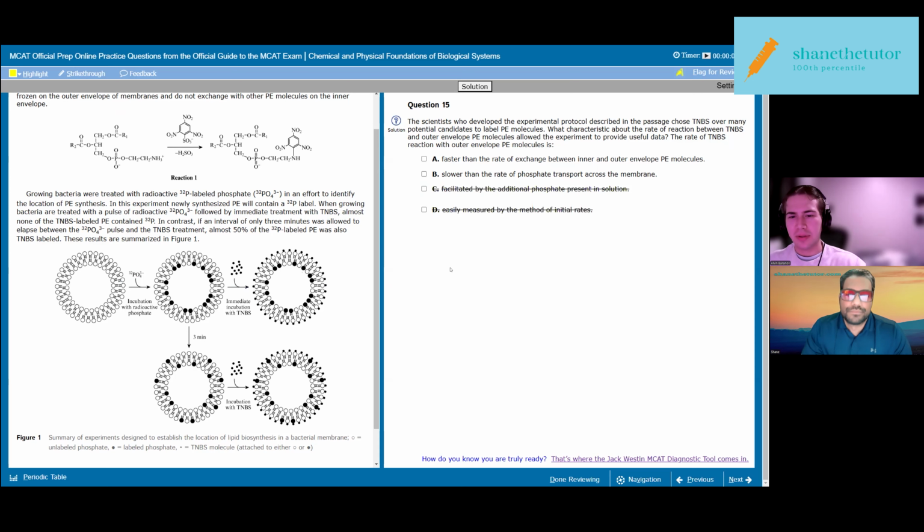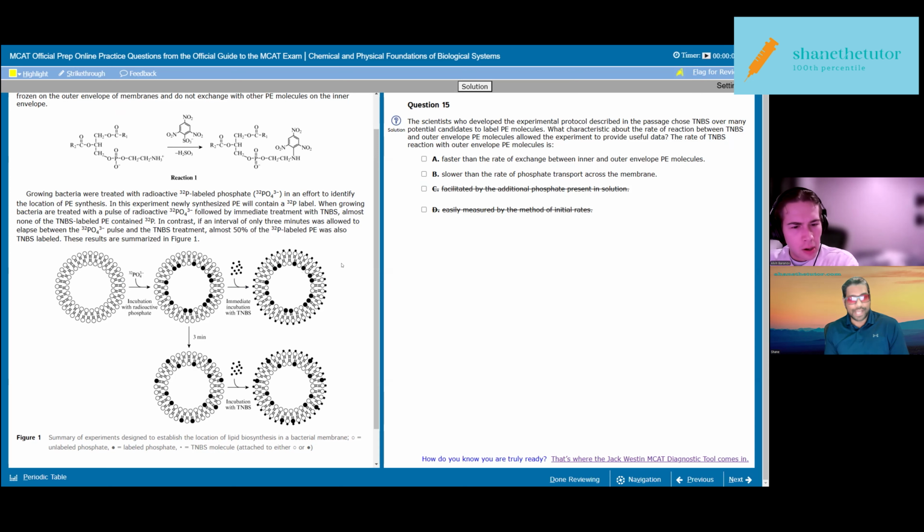I'd eliminate C and D because I don't think it can be measured by initial rates, it doesn't react with any of the significant ones, the shaded ones.